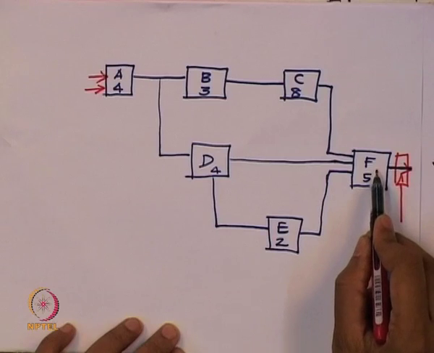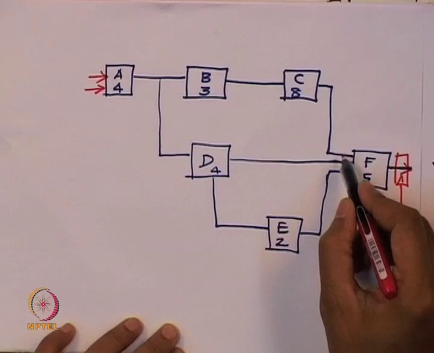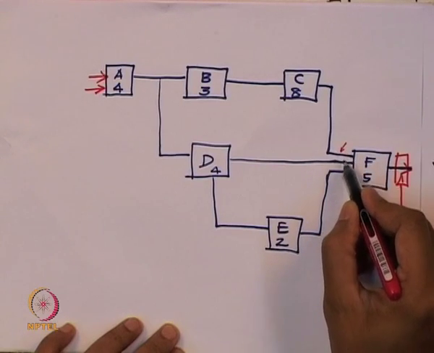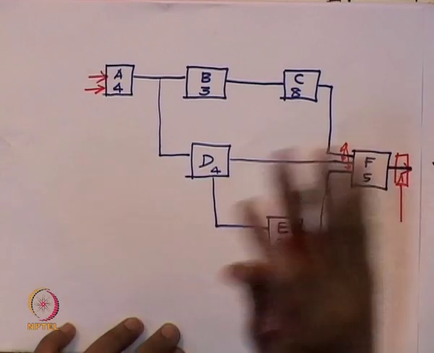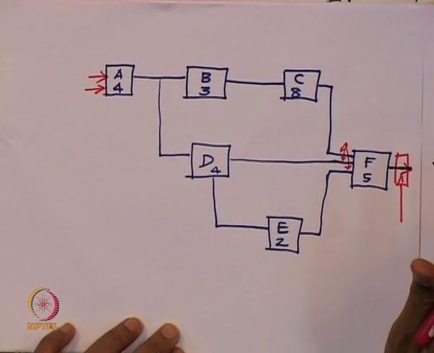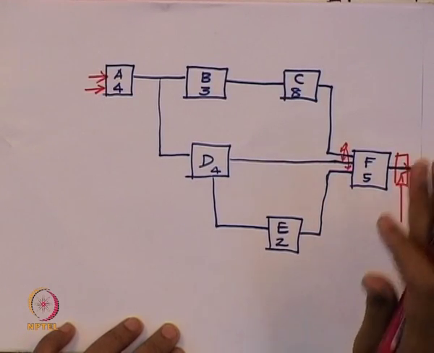Now if I look at the combinational circuit F here, if I am getting a flip flop, the inputs that are going to come from these 3 wires should all belong to the same stage.